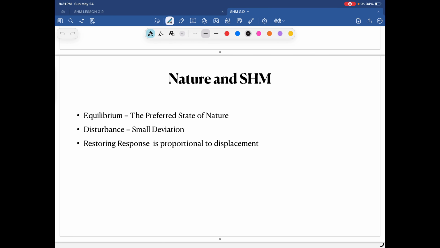Any disturbance or a small deviation to this natural system, with the existence of a restoring effect, something that returns it back to its equilibrium position, leads to some form of oscillation. That is, the vibration of guitar strings, musical instruments.